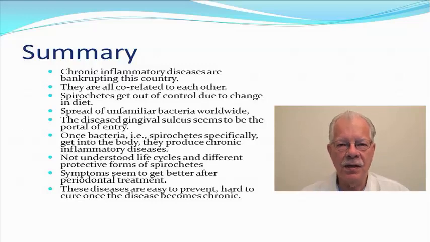We notice, and there are publications, that the arteries do perform better. The endothelial lining of arteries performs better when the periodontal disease is controlled. And in diabetes, we know that you can start dropping insulin down when patients are under control as far as periodontal disease.